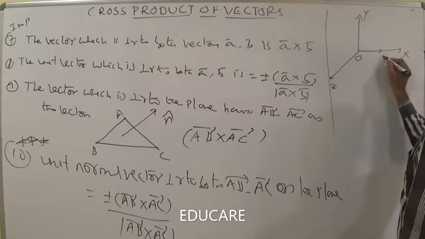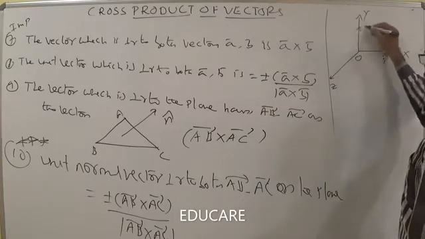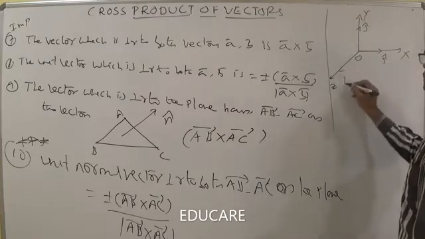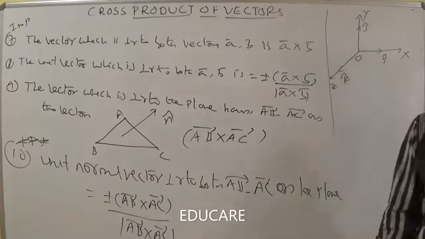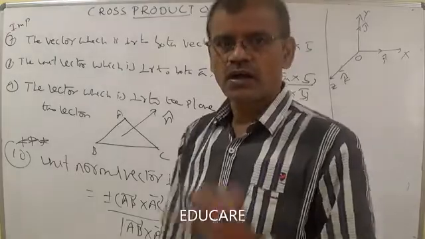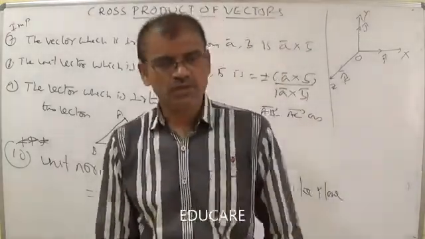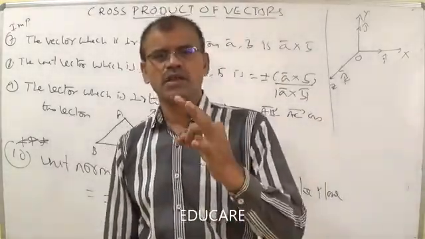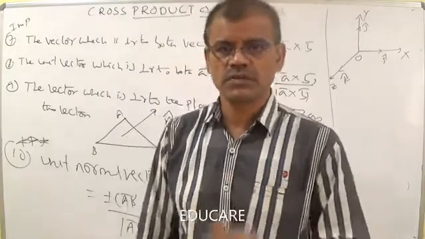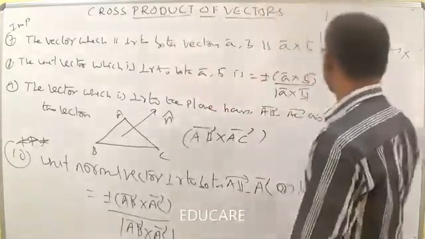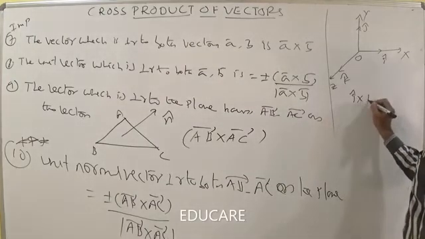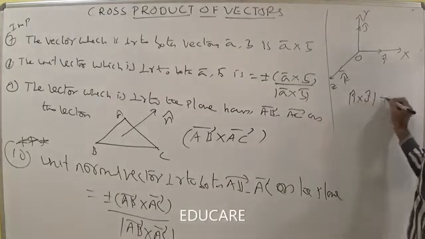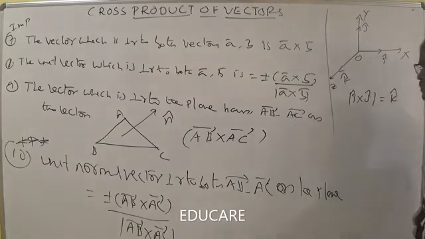Let i cap, j cap, k cap be the unit vectors along the x, y, z axes respectively. So whenever i, j, k are the unit vectors respectively given, we already said that i cross j is equal to k.